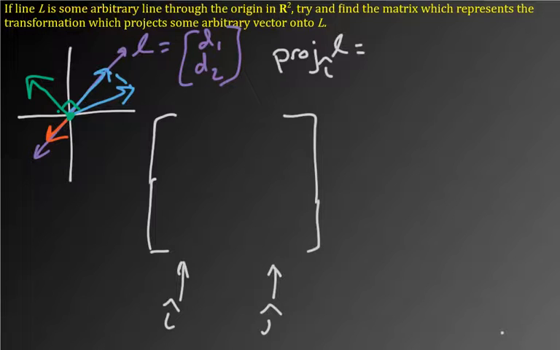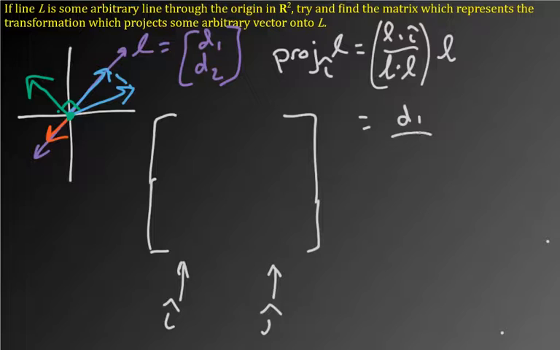So we're going to do L dot i. This is just the projection formula. So this times L, and this is what will go in the first column, because what we're doing with the i hat, the x component, is projecting it onto L. So L dotted with i is basically just going to be d1, right?